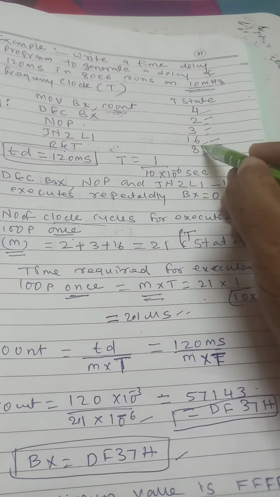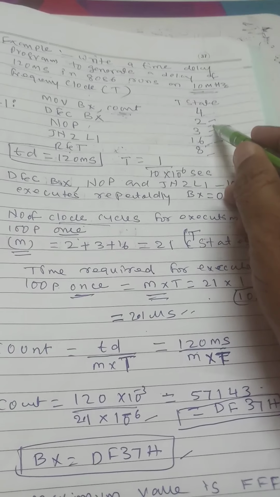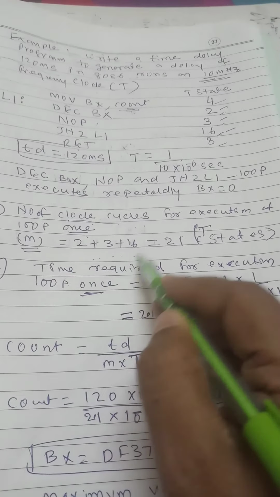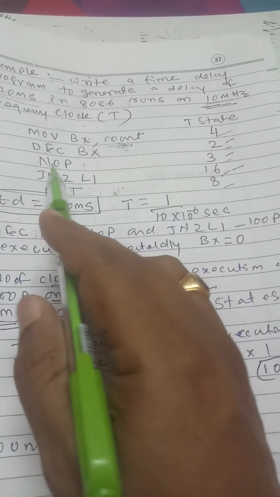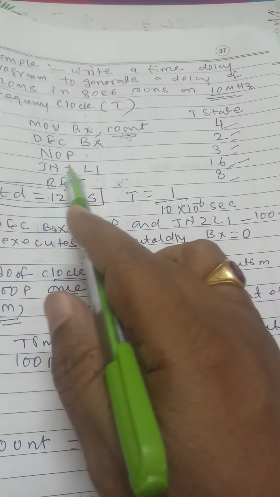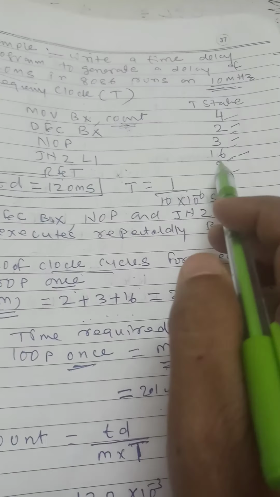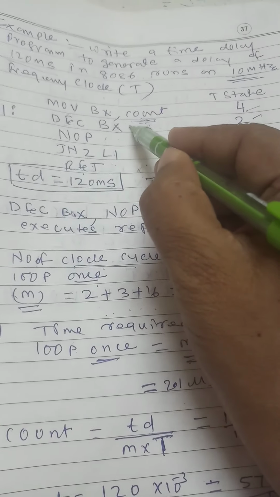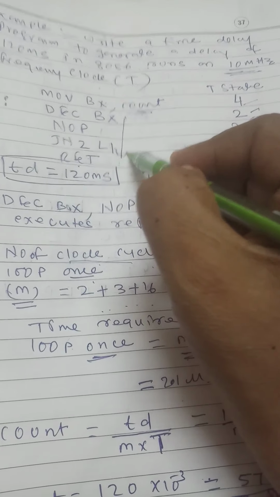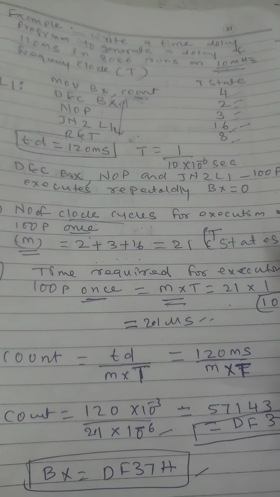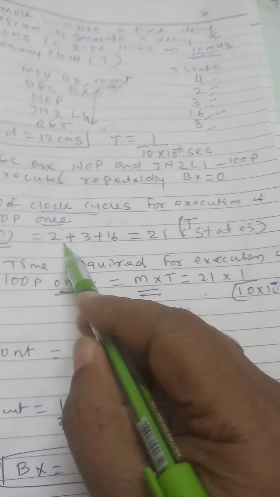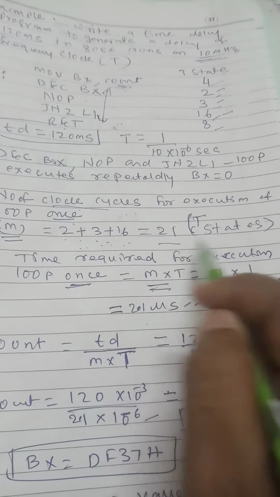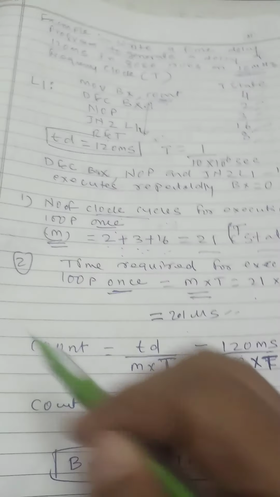So add 2 plus 3 plus 16, that is m. These three instructions are required, DEC BX 2, NOP 3, JNZ L1 16, because these three instructions form the loop. So the total is 2 plus 3 plus 16, which is 21 T states.